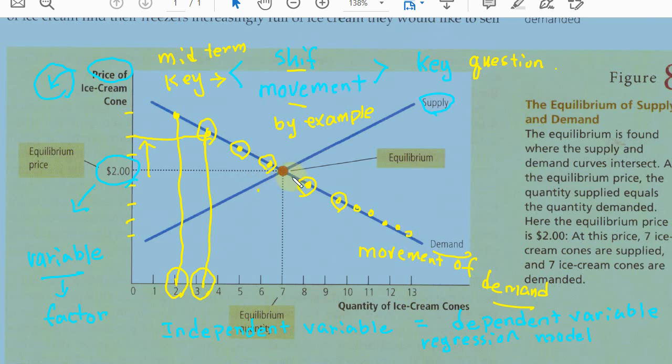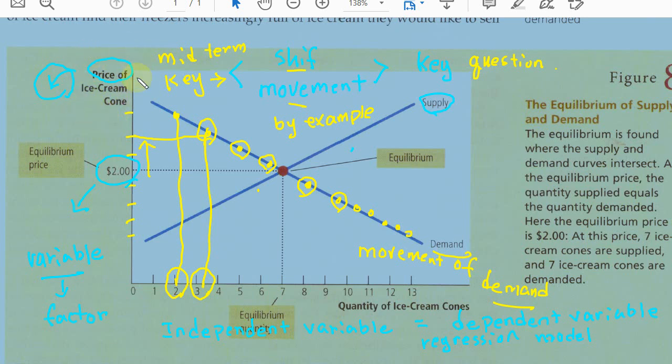Let's go to the shift. What is the meaning of shift? The movement is only variations by the visible variable here, the factor here, the price. This is simply moved by visible factors expressed in the graph here.